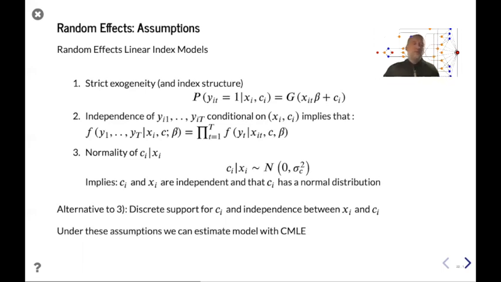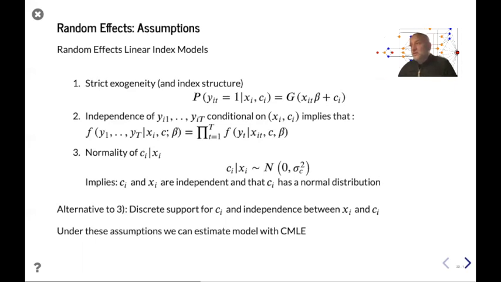This formulation implies that the unobserved effect c_i and the entire sequence of explanatory variables are completely independent. For example, we know that it's mean independent, because the mean does not depend on x.